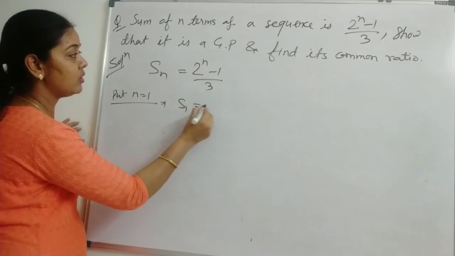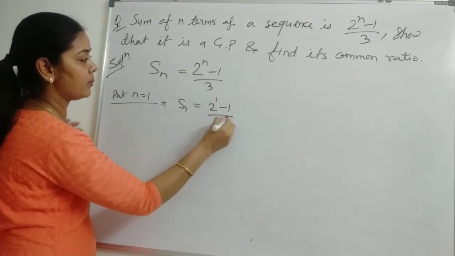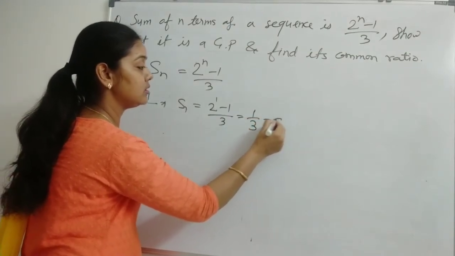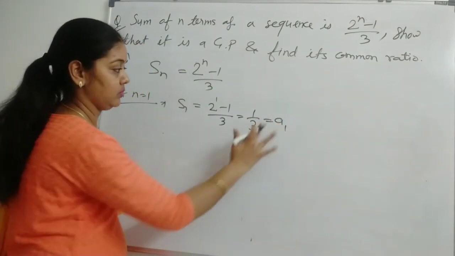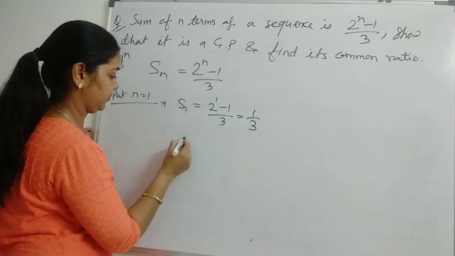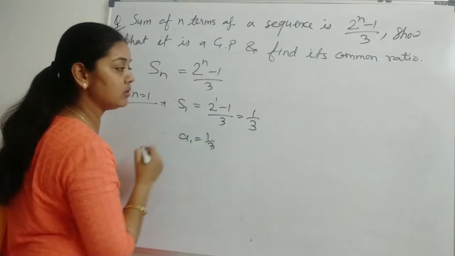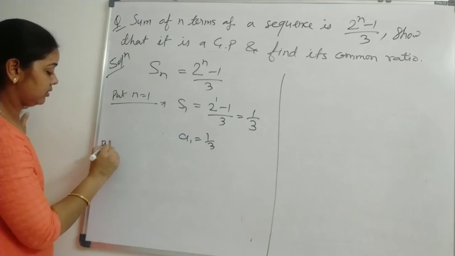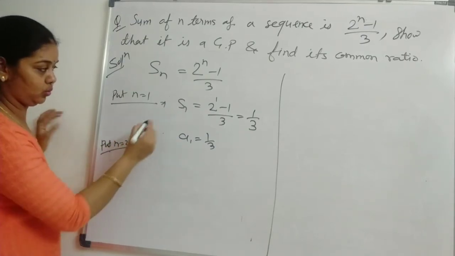S1 will be 2 raised to power 1 minus 1 upon 3, it means 1 upon 3. This will be A1, so A1 will be equal to 1 upon 3. Okay? Put n equal to 2.